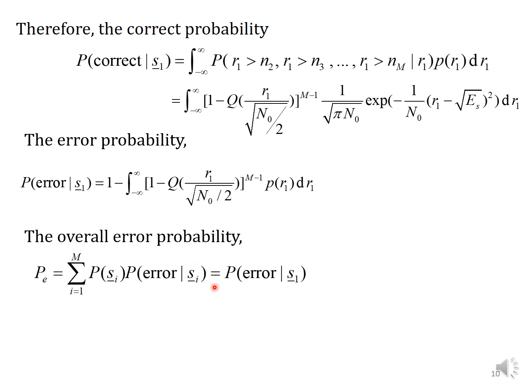Assuming all the sources are equally probable, this average would be equal to the error probability of each case, such as S1. That would be this one.